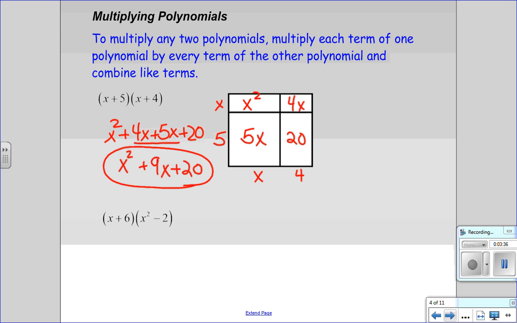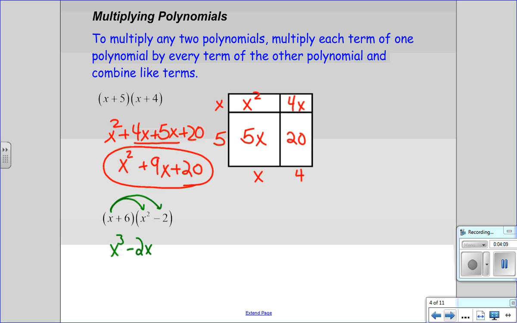However, we don't always want to have to draw a rectangle when we multiply polynomials together. So we can again think about this process without drawing the rectangle. So I'm going to multiply each term of my first binomial with each term of my second, and then I'll do the same thing with each term of my second term of my first polynomial. So x times x squared is x to the third, and x times negative 2 is negative 2x.